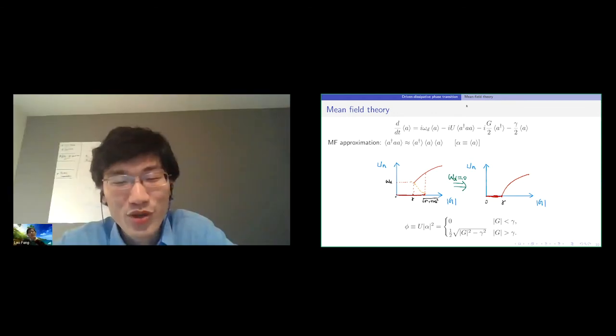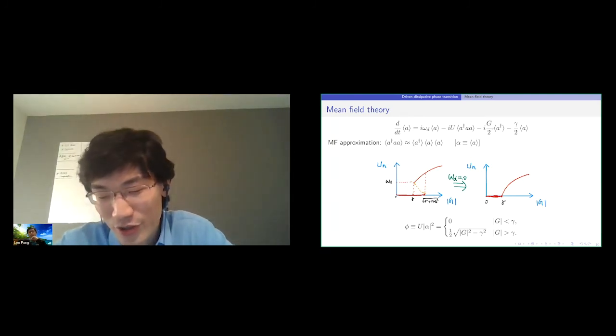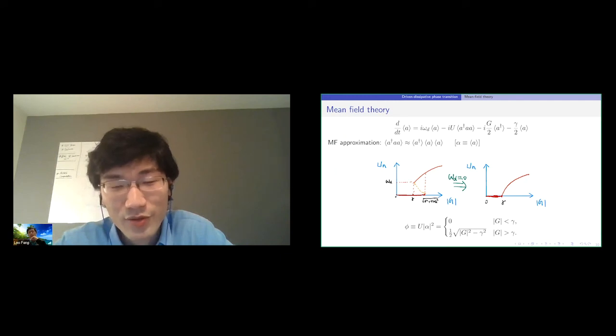But maybe we could have some quenching. Here we only studied the steady state for fixed driving strength. If you don't look at the steady state, there's always some quenching, right? You start from some initial state, then you start the driving, then there's a quenching process to approach the steady state, right?